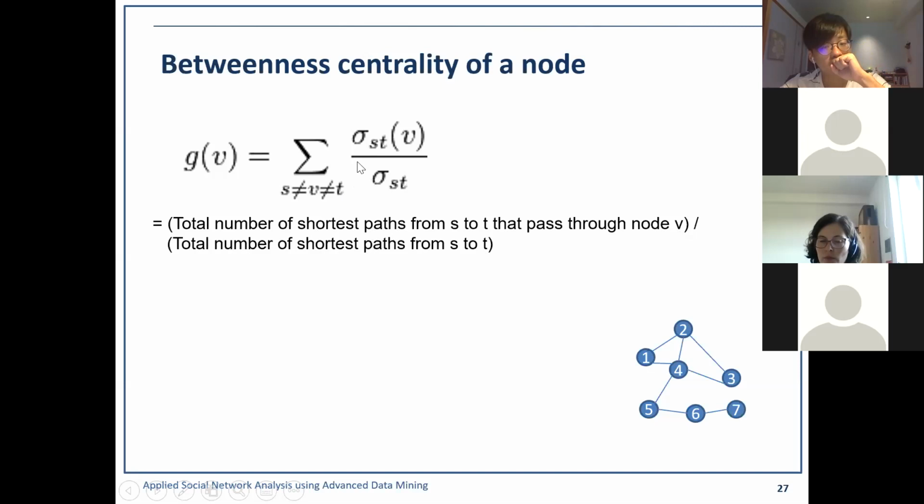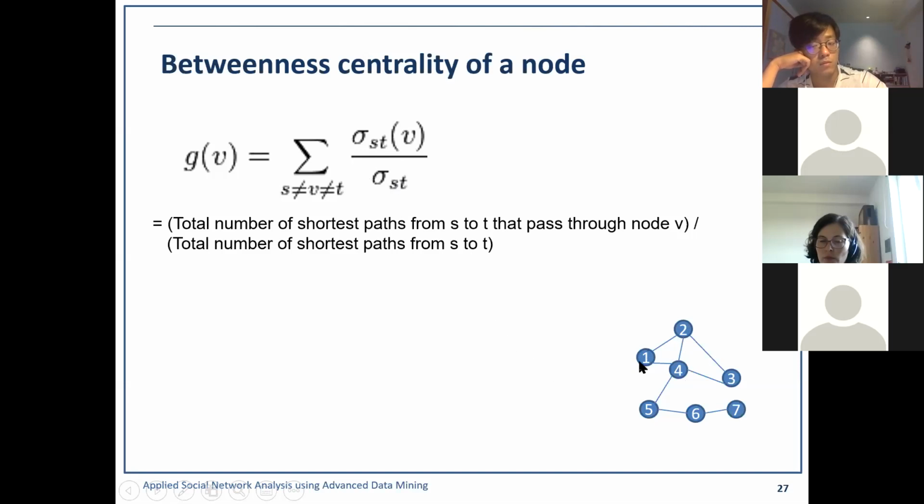The shortest path that goes from 1 to 2 is 1. That's my denominator. And the numerator is the number of shortest paths that go through 4. The numerator is 0. So if I pick S equal to 1 and T equal to 2, then I have 0 divided by 1.